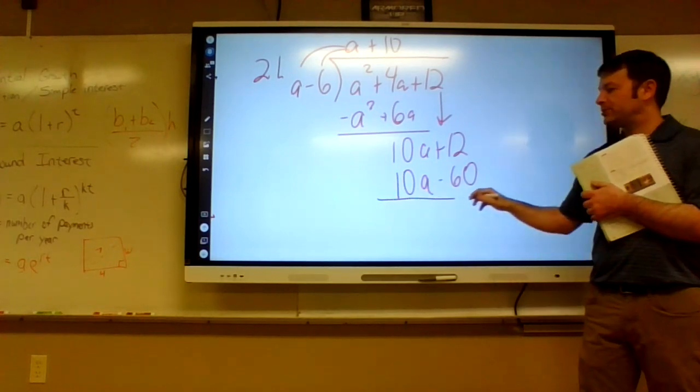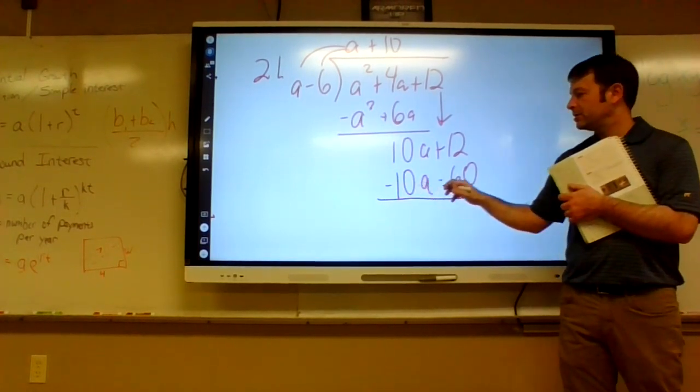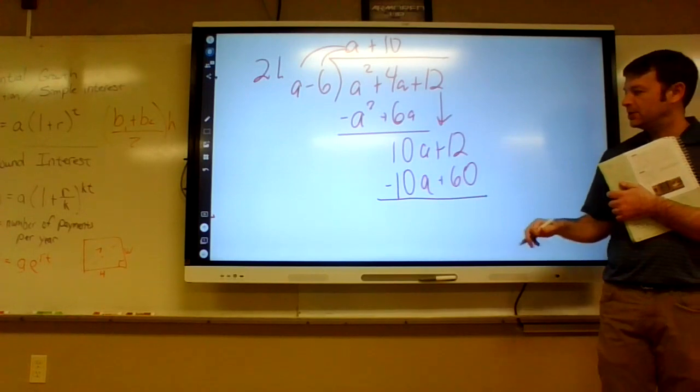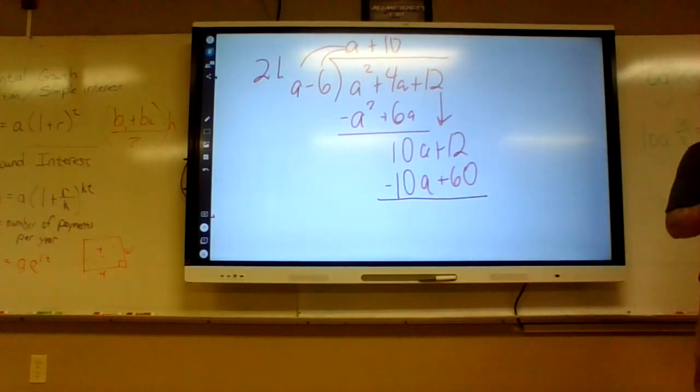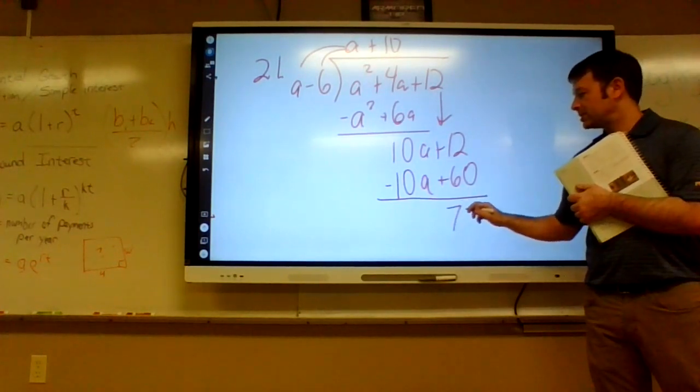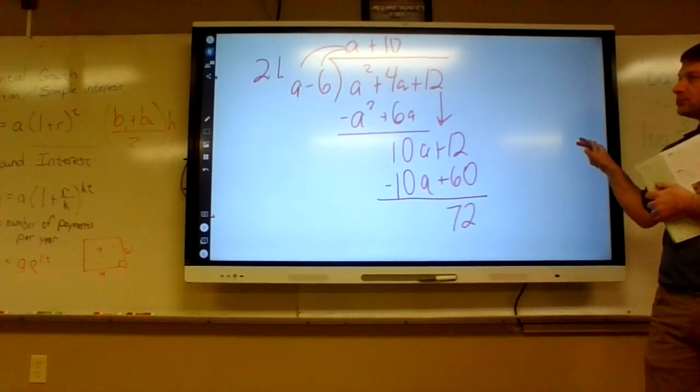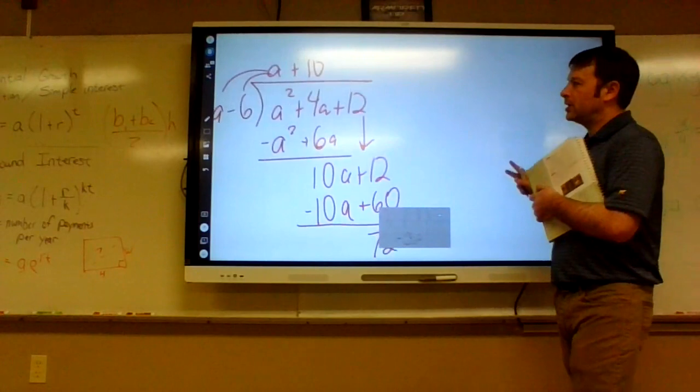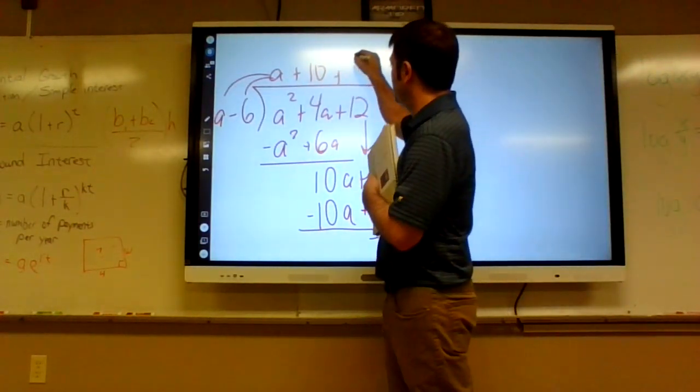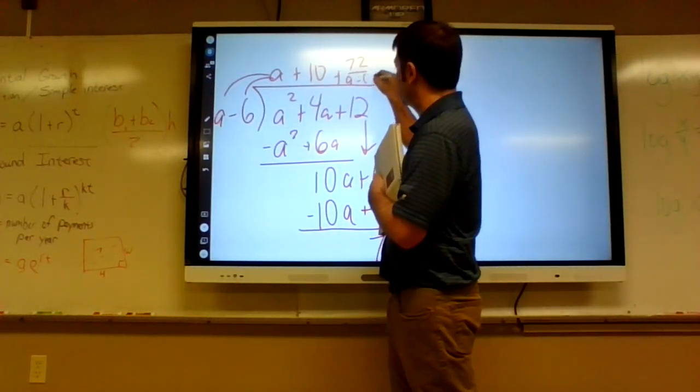Okay, but then we're subtracting the bottom line. It becomes a plus 60. What is 12 plus 60? 72. What do I do with the 72? Plus 72 over a minus 6. I put it up here as plus 72 over the divisor, a minus 6.